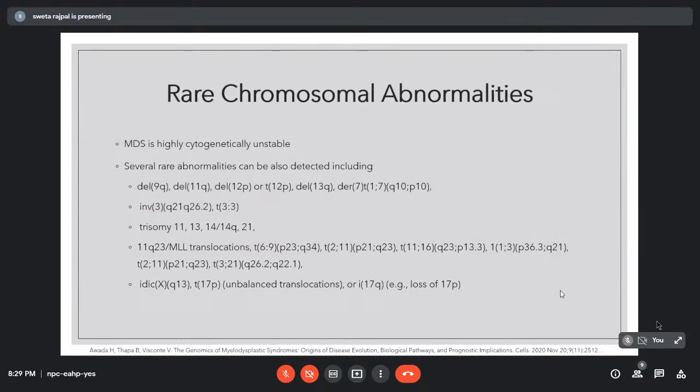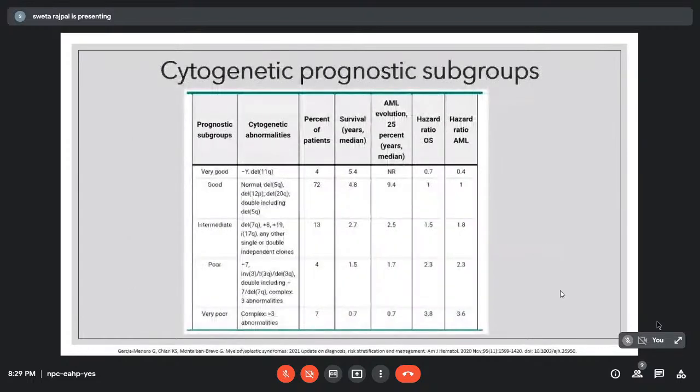Apart from these common cytogenetic abnormalities described earlier, there are other rare chromosomal abnormalities involved, including trisomies, inversions, and deletions, and they are always part of a complex karyotype that can lead to a poor prognosis.